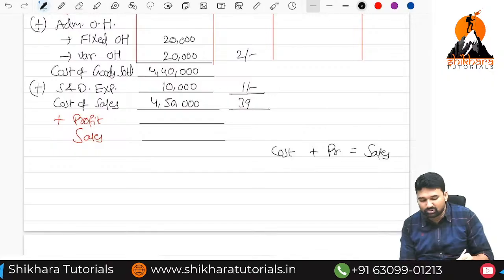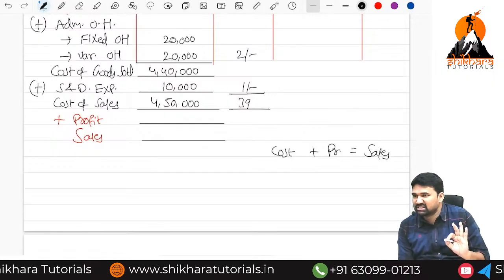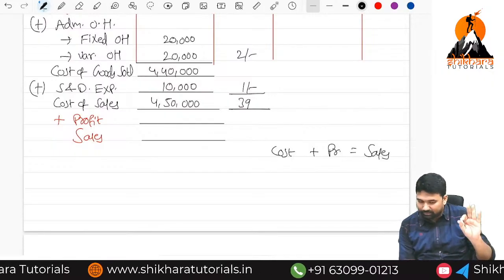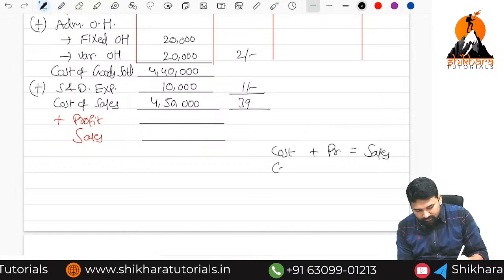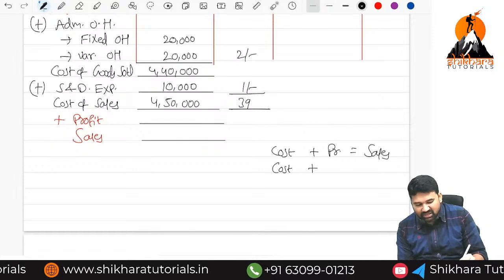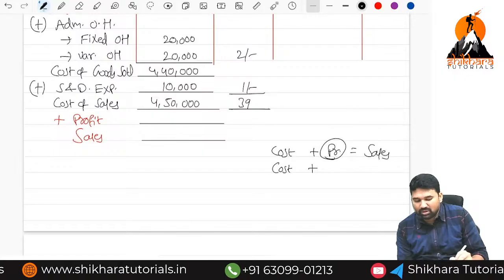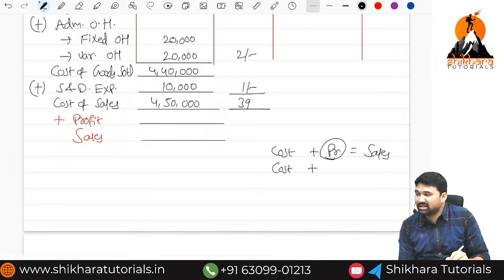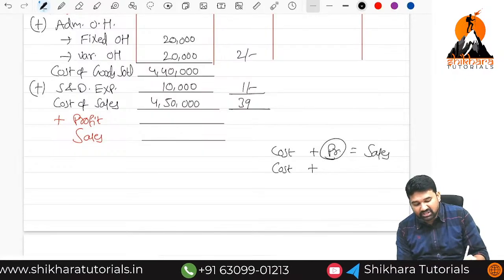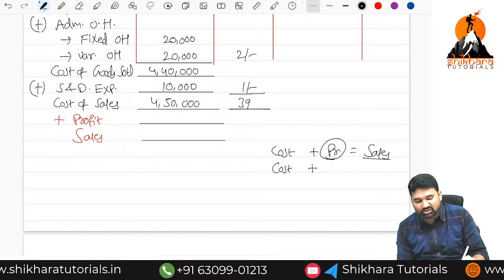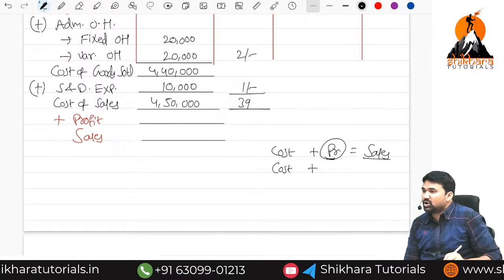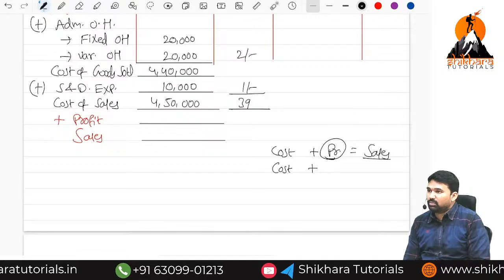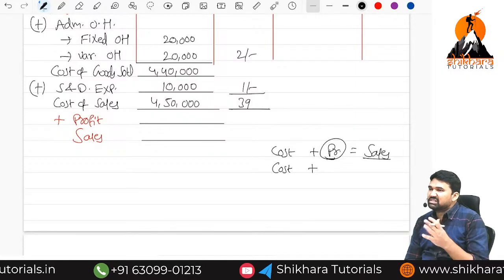Here also, cost plus profit is equal to sales. This is basic sense. Listen. It is given cost plus profit, we don't know, but he is telling us that 25% of sales is equal to profit. We don't know sales also.